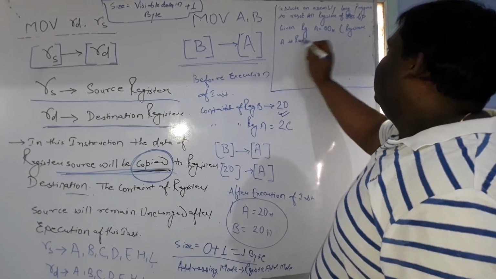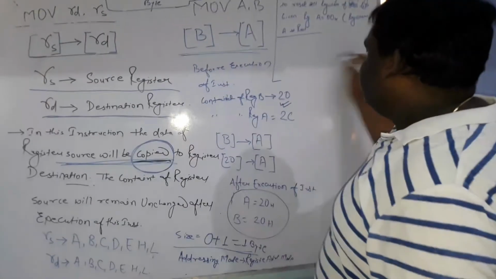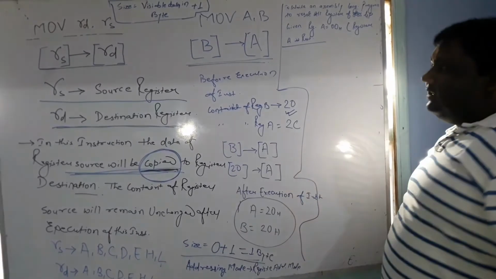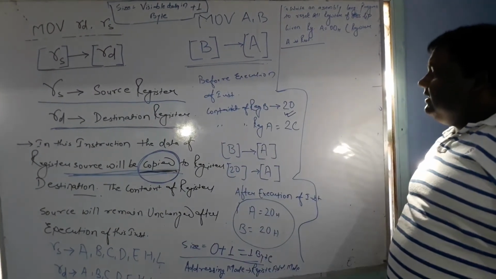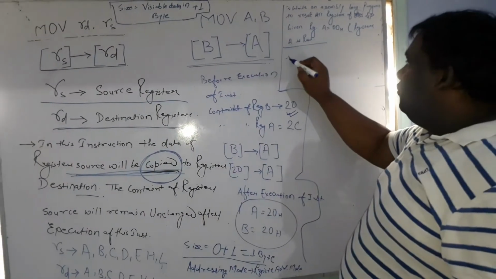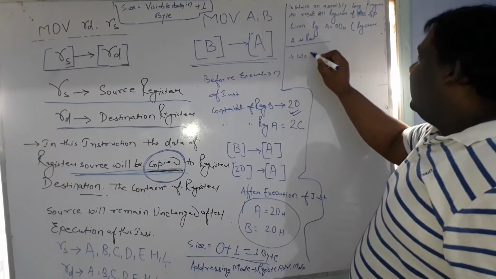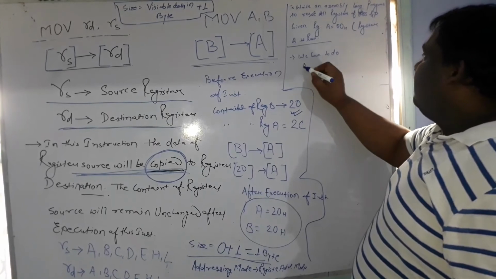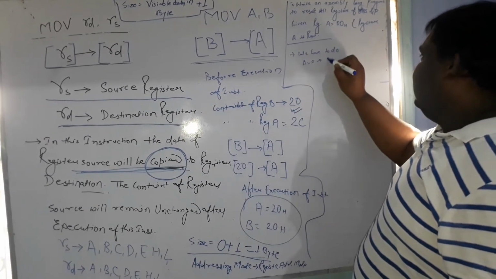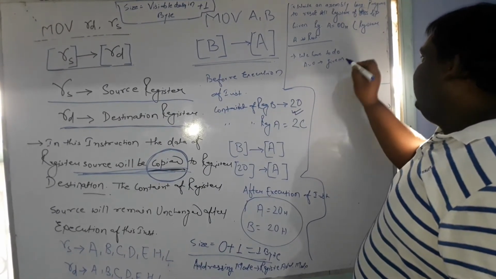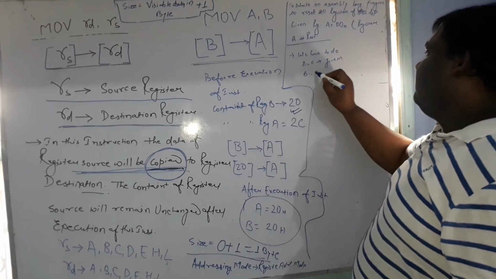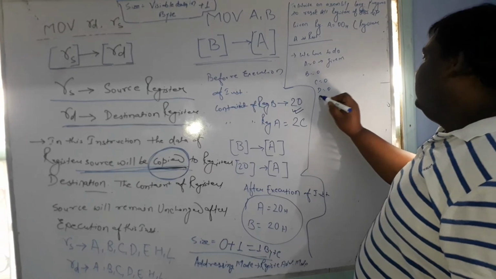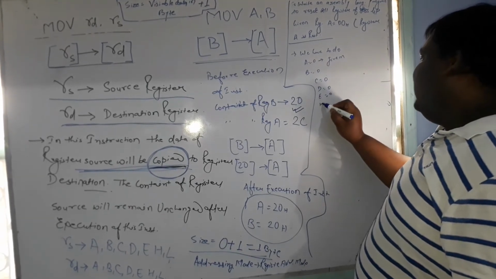Now we can start writing the program to reset all the registers. That is, A equals 0 is given, and from here we have to do B equals 0, C equals 0, D equals 0, E equals 0, H equals 0, and L equals 0.